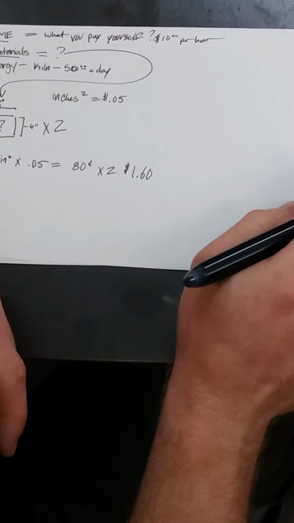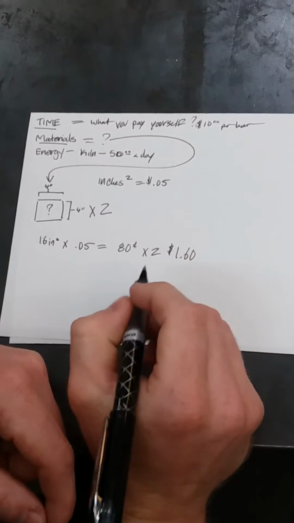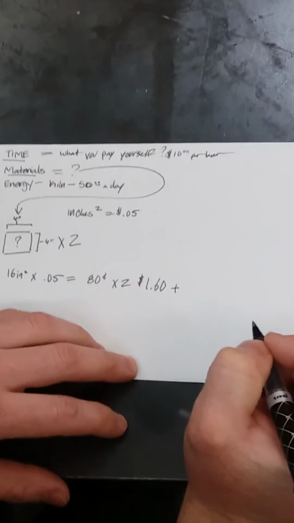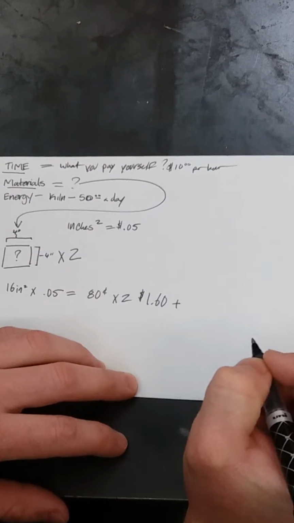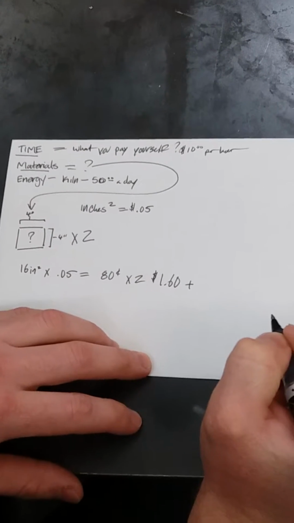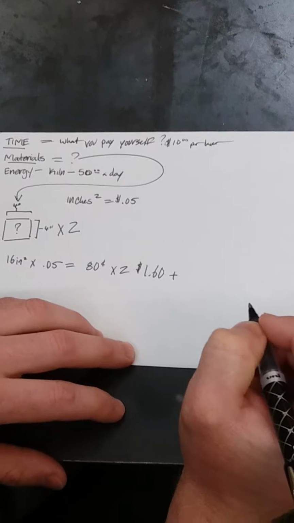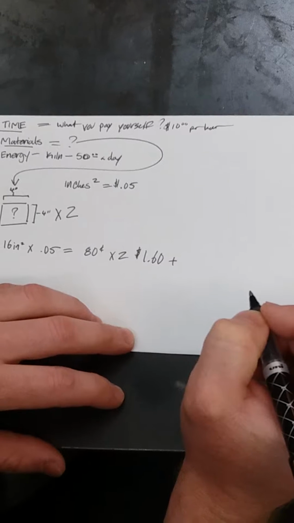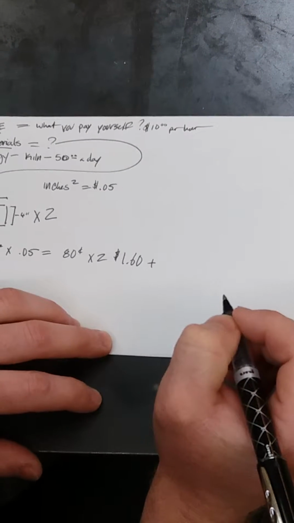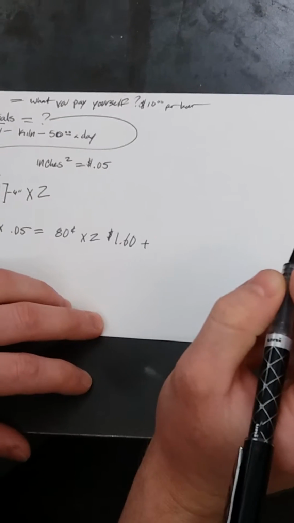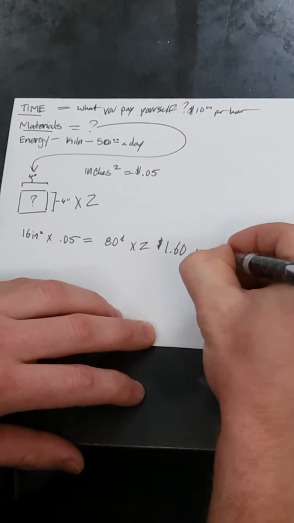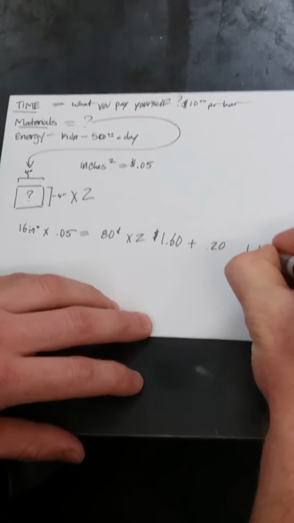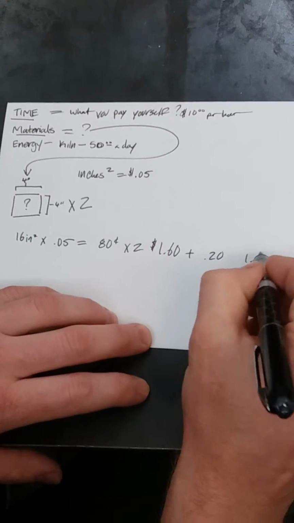Do 4 times 0.05 for me. 20 cents. Plus 20 cents. That's what we're going to get. So it's $1.80 in materials for 1 coaster.